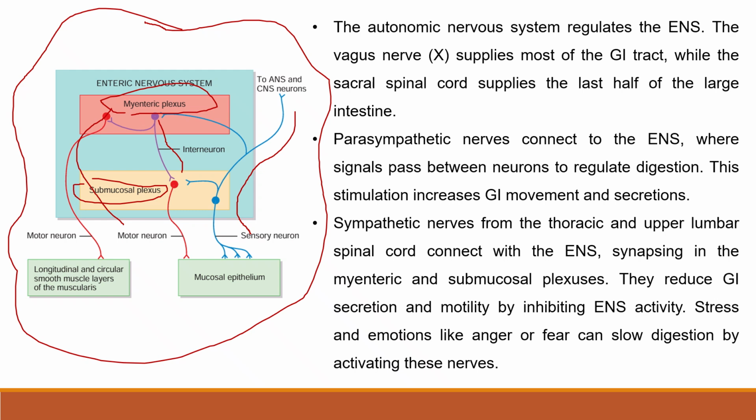I think in the nervous system we have studied the sensory neurons and motor neurons, and even the interneurons. There are three structural types of neurons. So here we can see the same thing. These are the neurons which are entirely connected in coordinating our digestive system.